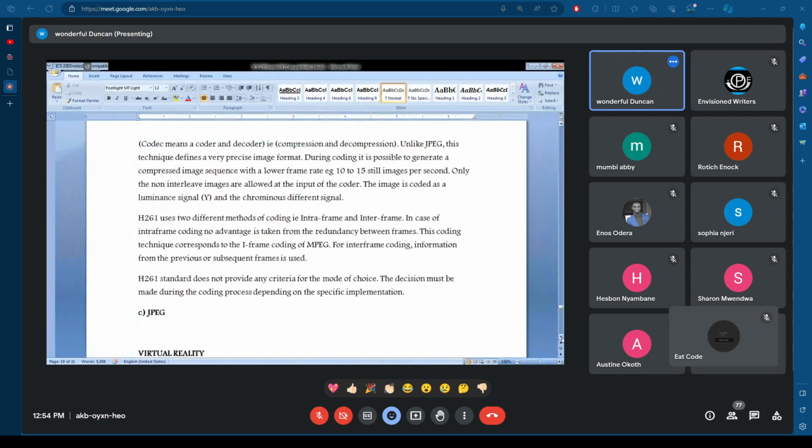Intra does not depend on any frame, but inter depends on the previous frame, the B frame, and the following frame, which could be the predictive or P frame. So it needs information from the B frame and the P frame so that it can code and decode data.